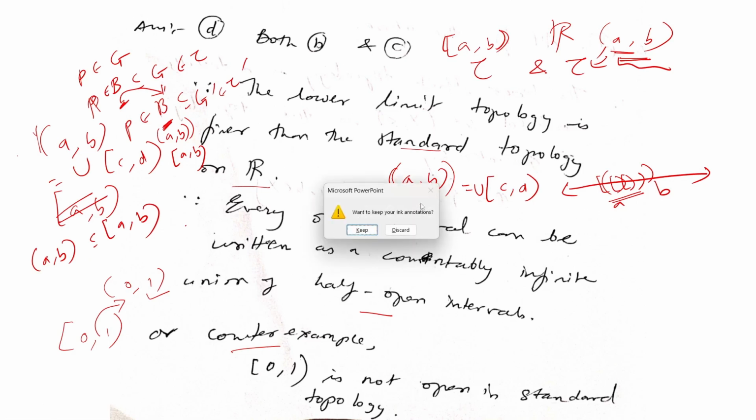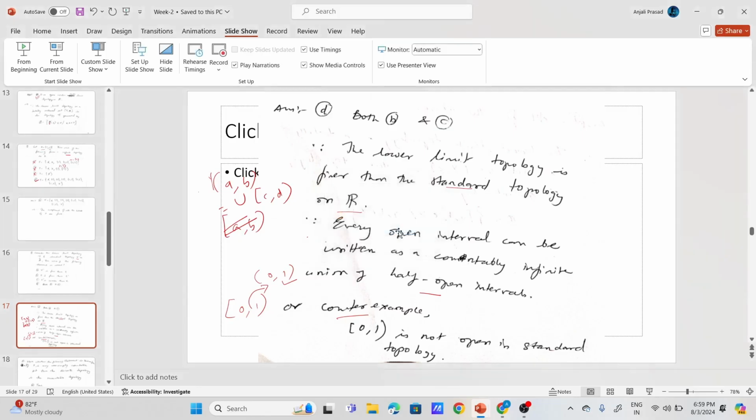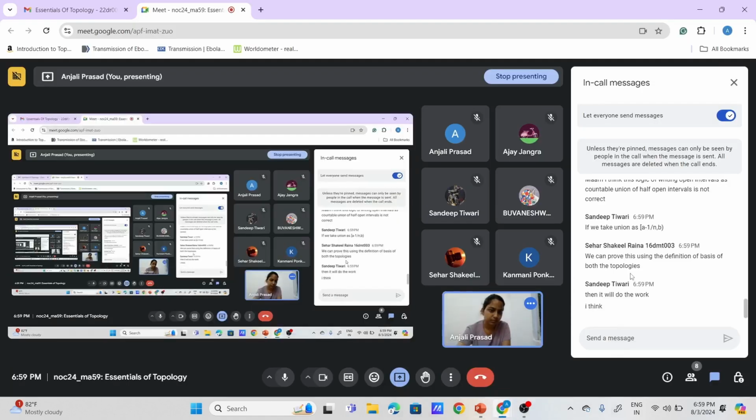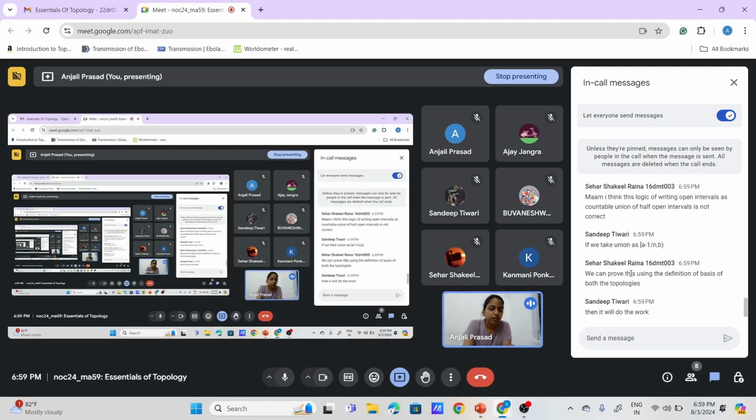Okay. So you are saying that, yeah, you got it. If you are taking the set of kind [a - 1/n, b), it will tend to what? a, no?